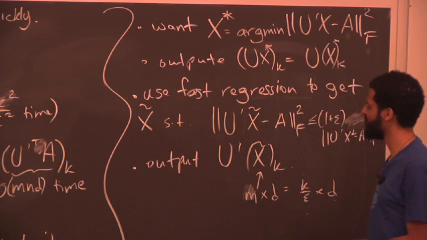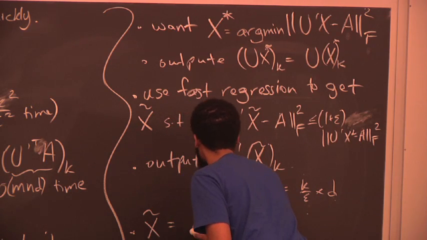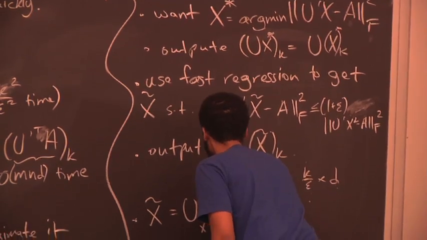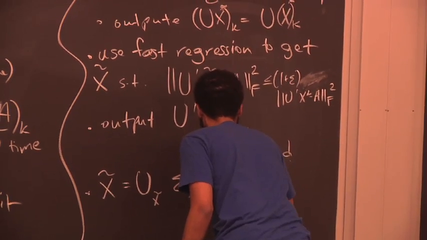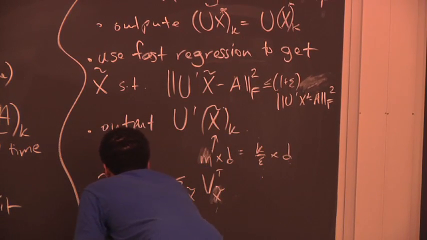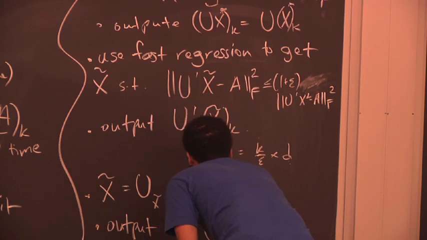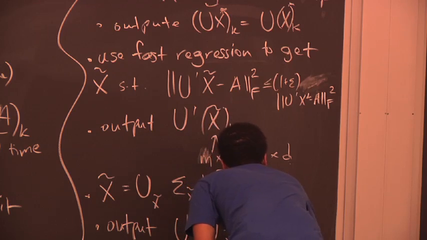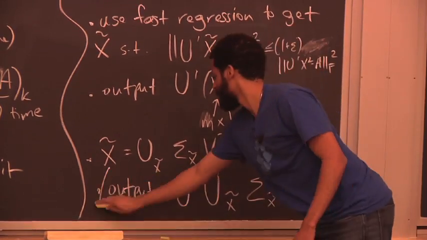So altogether, let's say that x tilde is like U_x tilde sigma_x tilde V_x tilde transpose, truncated to rank k. We're going to output as our decomposition U prime U_x tilde sigma_x tilde V_x tilde transpose. That's going to be our final output.